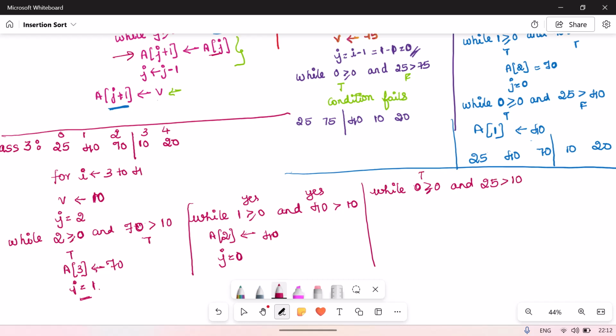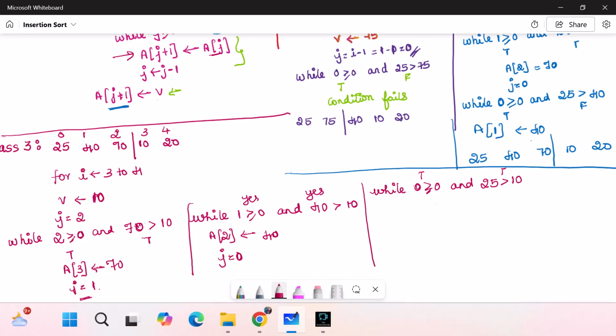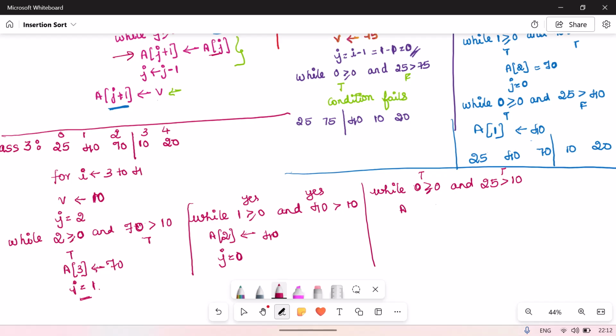So both are true. So what will happen? a of 0 will be assigned to a of 1. So a of 1 will get the value 25. And next, j will now become minus 1. j is 0, now it will become minus 1. When you look at the next condition, it will fail because j is not greater than or equal to 0. Here j is minus 1. So this will fail.